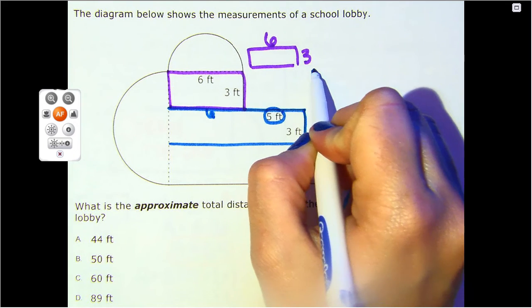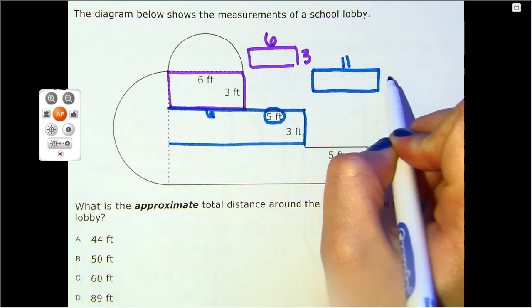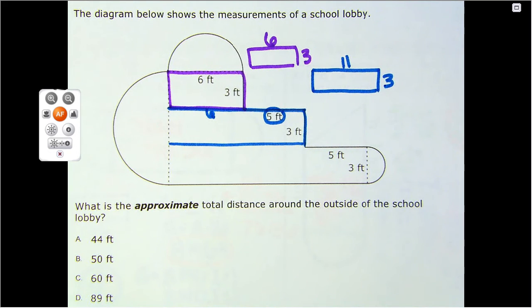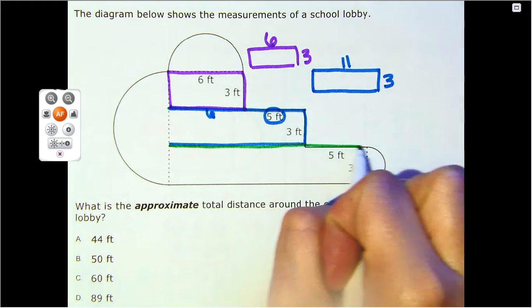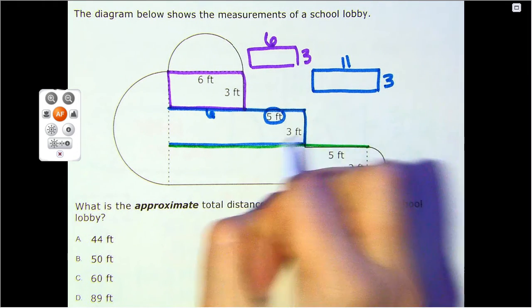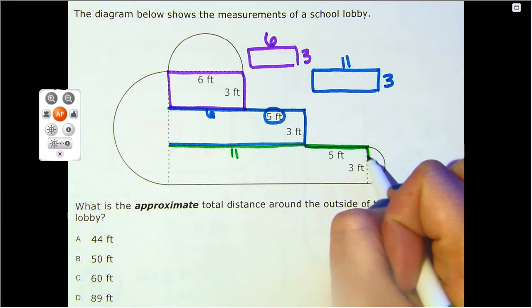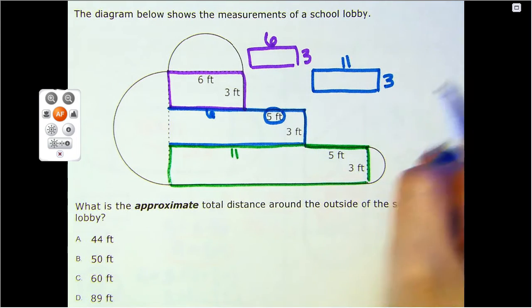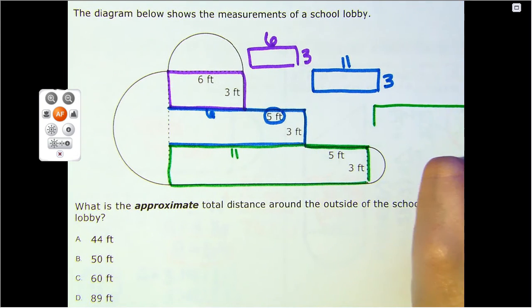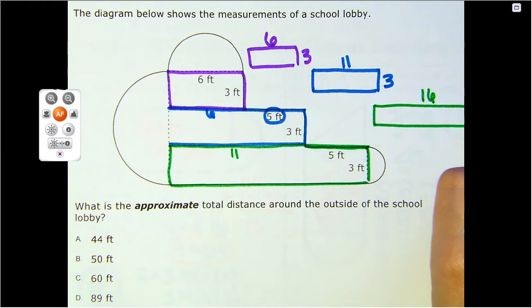So that rectangle is going to be 11 by 3. Okay, I see a rectangle at the bottom that has the same length as the blue rectangle, which was 11. And then I'm going to add 5 more to it and the height of 3, which would be 16 and 3.